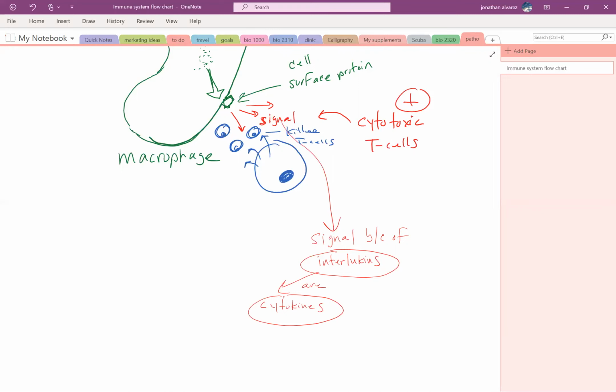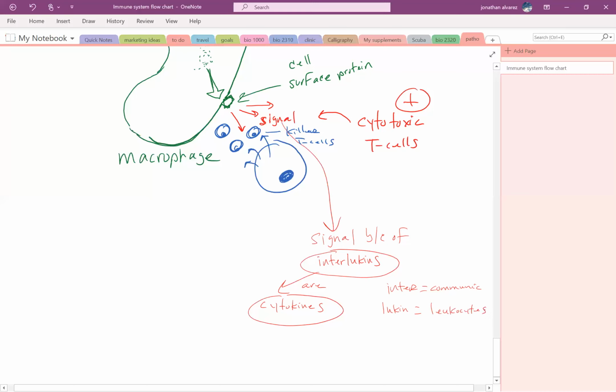So the word interleukin: inter means communication, and leukin means produced by leukocytes.